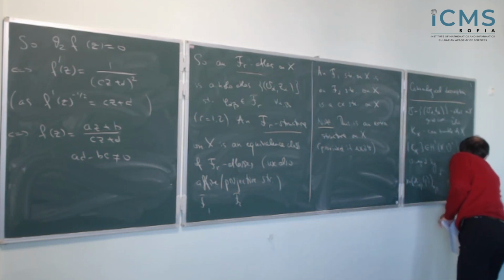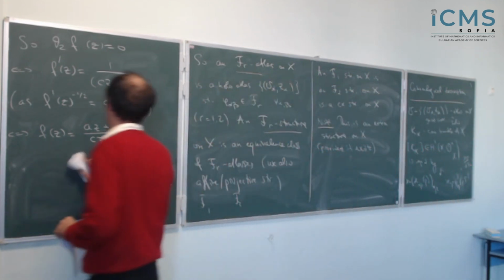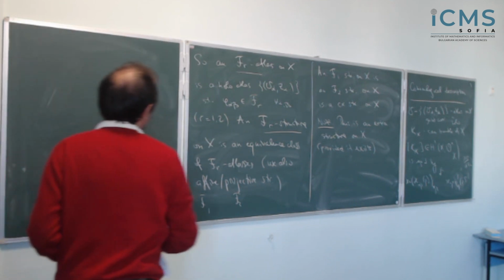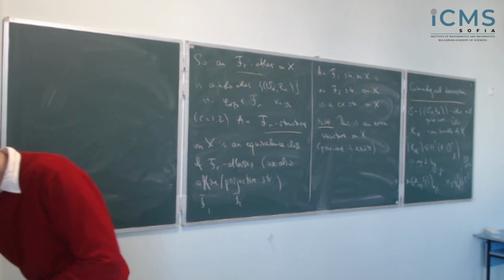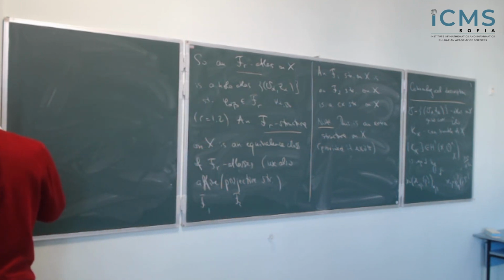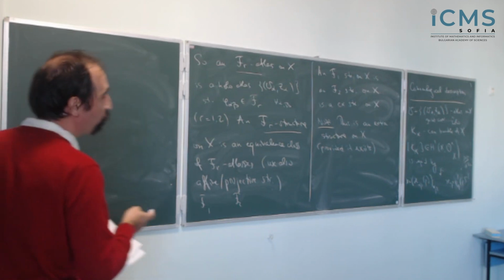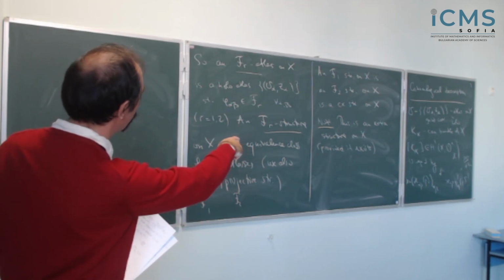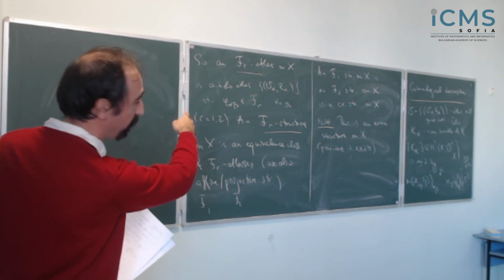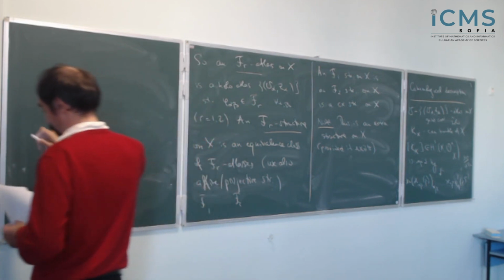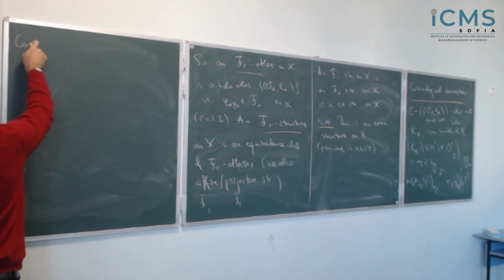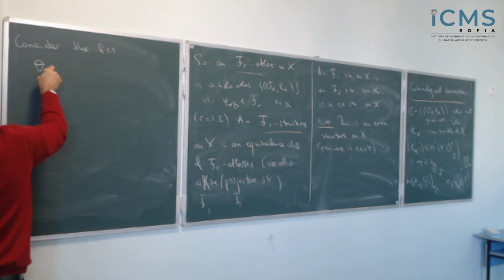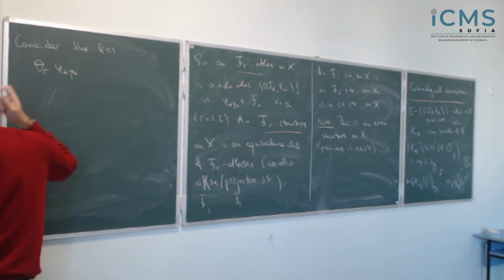So we're going to hook up a cocycle that would consist of the derivatives with respect to theta 1 or theta 2 of these phi alpha beta. Consider the functions theta_r of phi alpha beta.